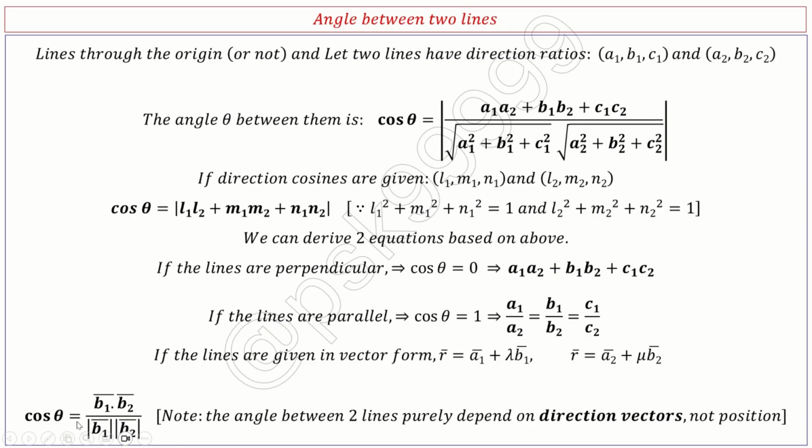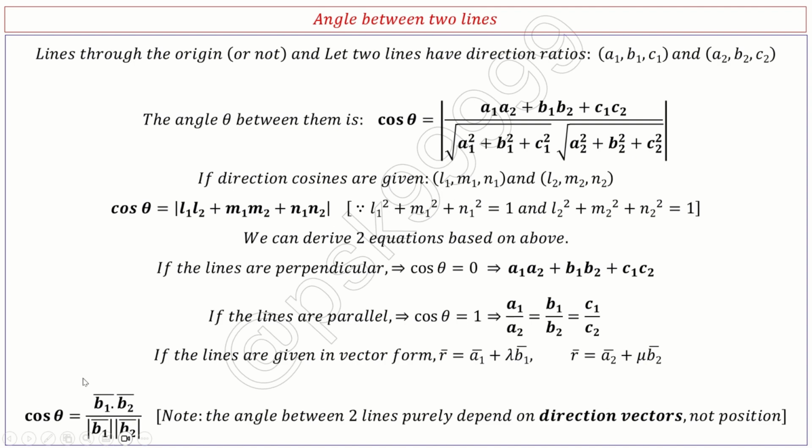If you compare this with the earlier one, it is actually the same. Here b1 bar and b2 bar have components a1 b1 c1 and a2 b2 c2, so the dot product gives a1 a2 plus b1 b2 plus c1 c2. And absolute b1 bar is nothing but square root of a1 square plus b1 square plus c1 square, and absolute b2 is square root of a2 square plus b2 square plus c2 square. So it is exactly the same.